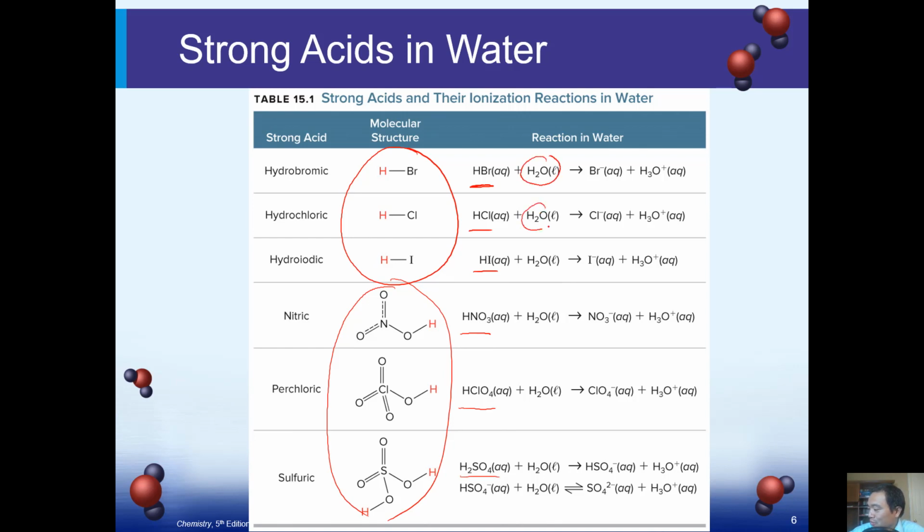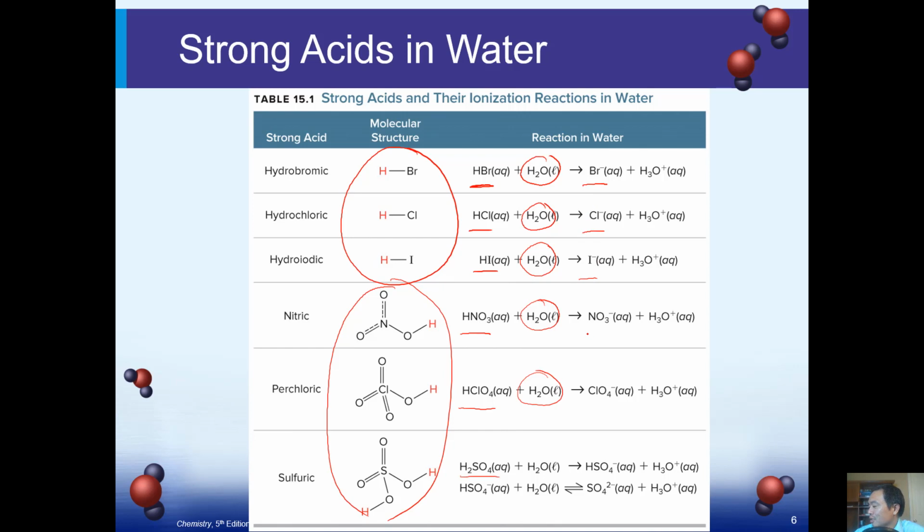They always, remember, in Brønsted-Lowry definition, all acids and bases will always react with water. You cannot just do direct ionization. That is not the Brønsted-Lowry definition. That is the Arrhenius definition. All right. When they react with water according to Brønsted-Lowry, HBr will lose that H+. Similarly, HCl loses H+.